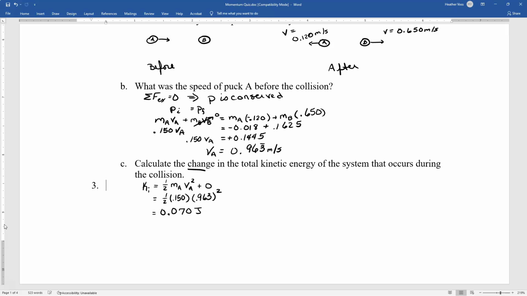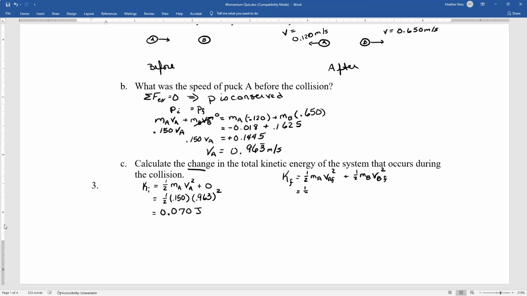joules. Now if we look at it after, our kinetic after is going to be 1/2 mass of A, the velocity of A after squared, plus 1/2 mass of B, velocity of B after squared.